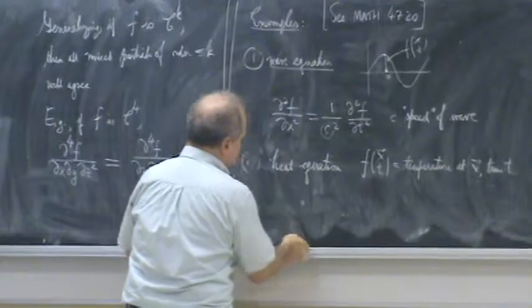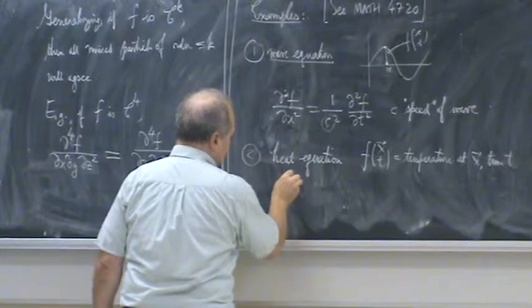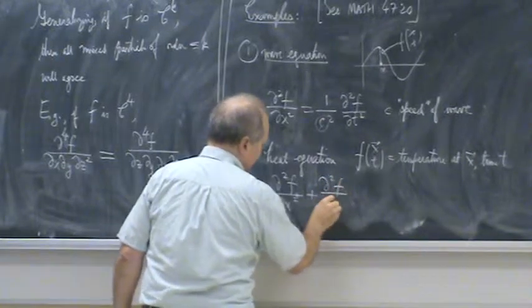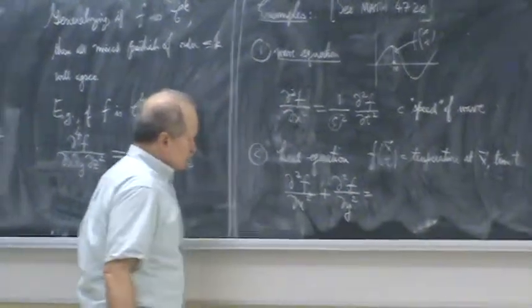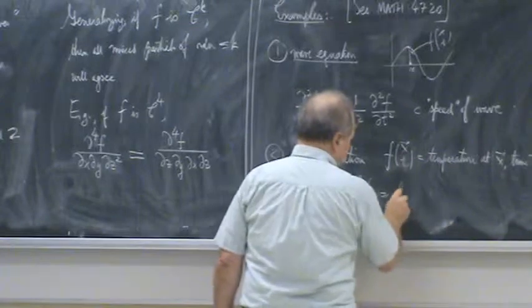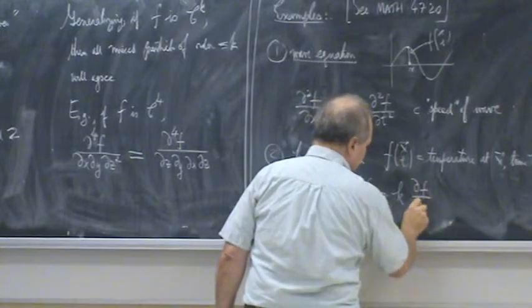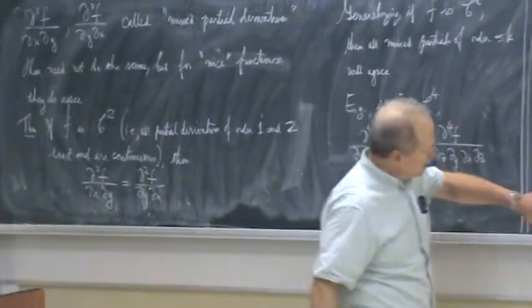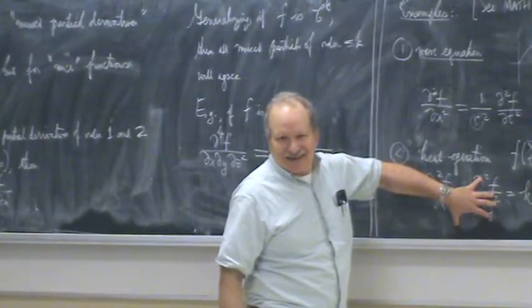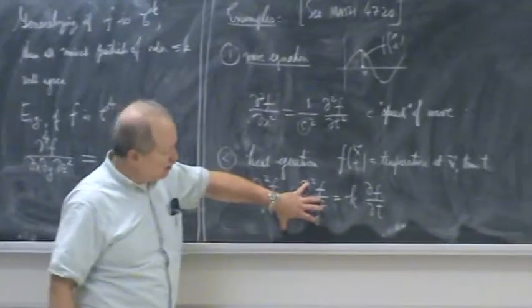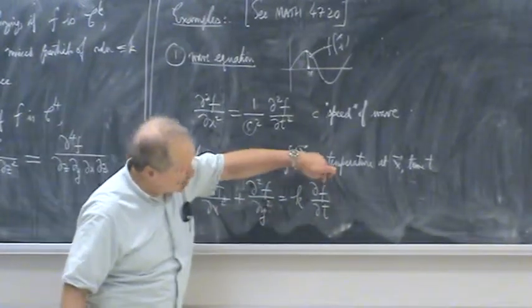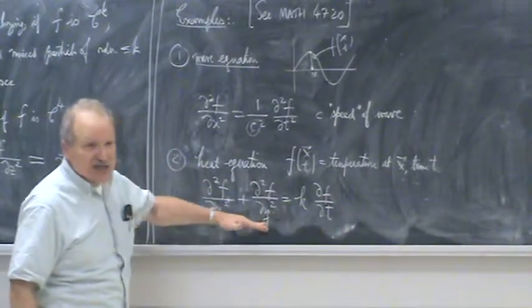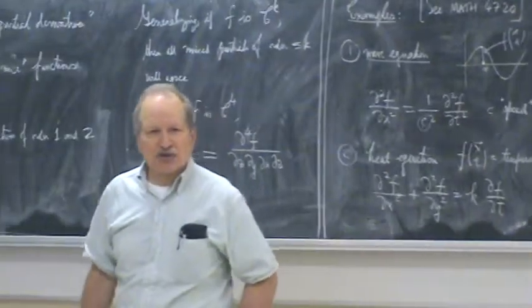Well, the heat equation has something like this, if I'm in two variables. There again, there's some constant that shows up, times a first derivative with respect to t. So there's a sum of spatial second derivatives, which I'm about to talk about in a minute, and then there's a single time derivative. So the rate at which the temperature is changing depends on some second derivative combination of the temperature.